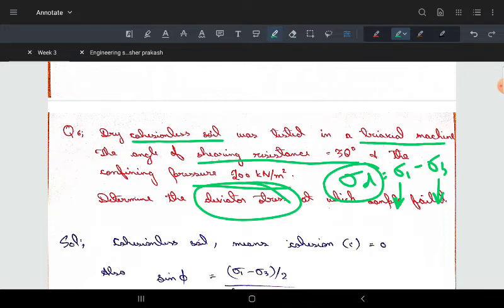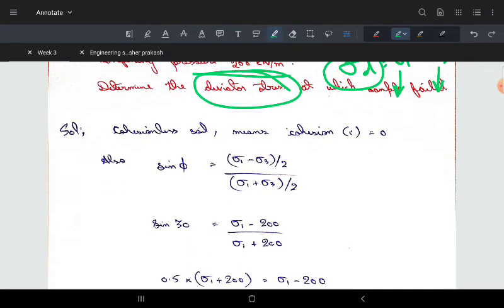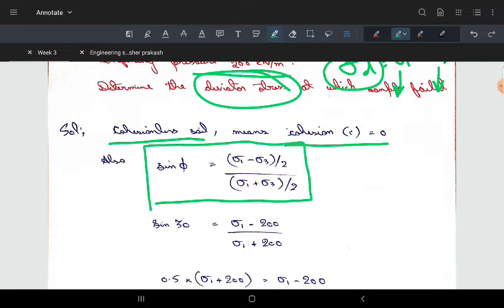In the question, cohesionless soil is given, which means C is 0. Here the equation that we'll be using is sin phi is equal to (sigma 1 minus sigma 3)/2 divided by (sigma 1 plus sigma 3)/2.